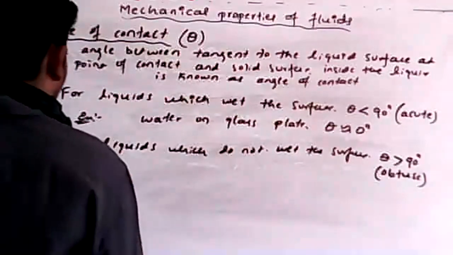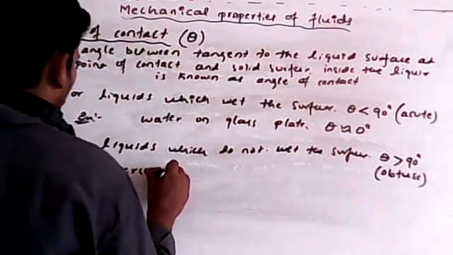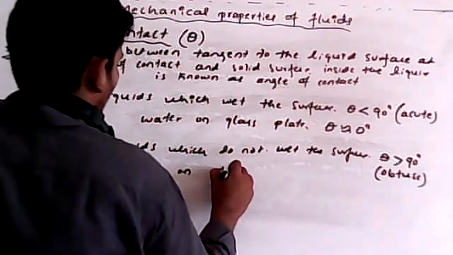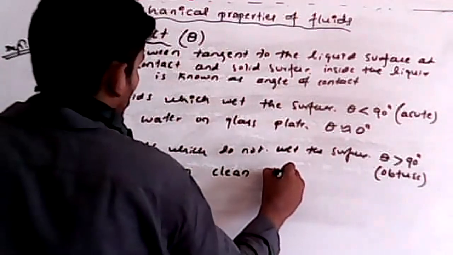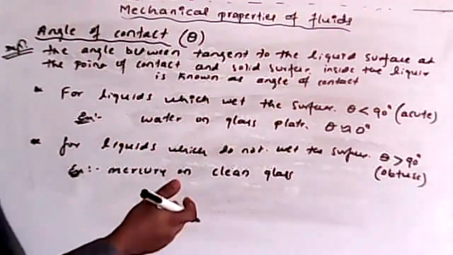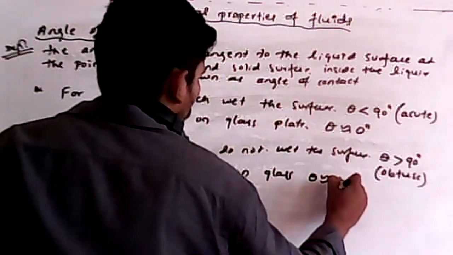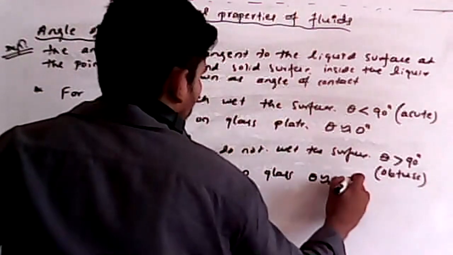Example, mercury on a clean glass plate, so it should be clean. If any dust comes, then the angle of contact will change again. That's why theta is nearly equal to 140 degree.